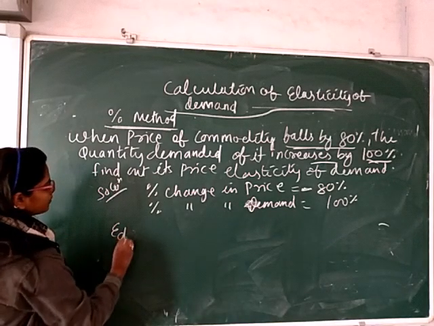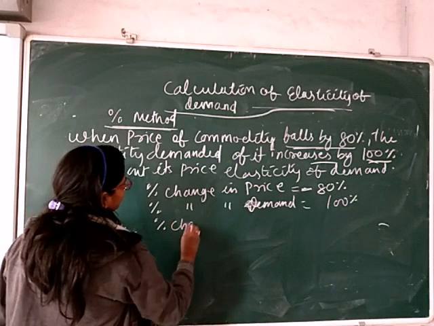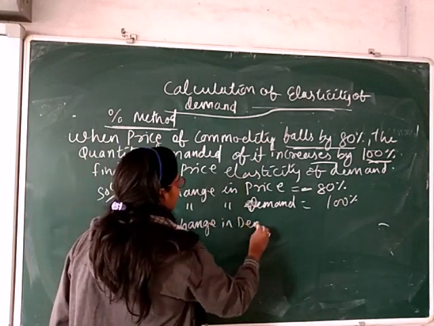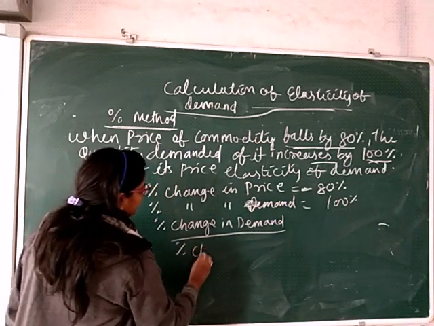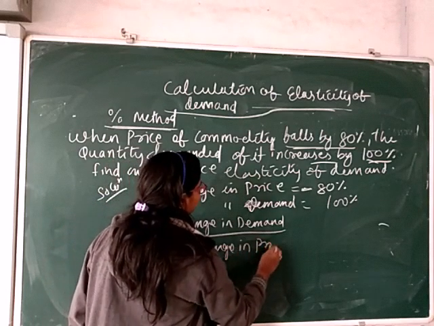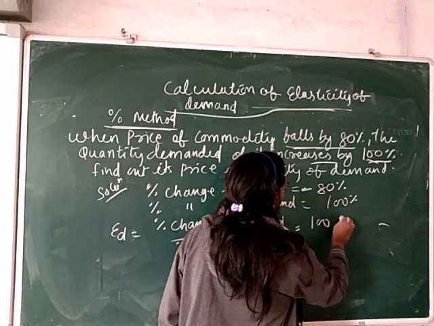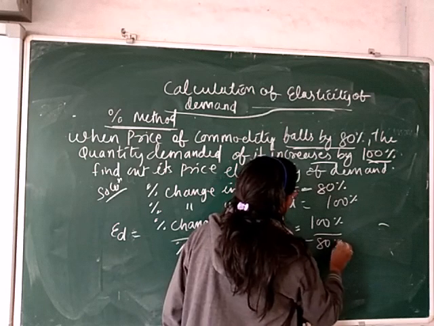Now put the formula of price elasticity of demand under the percentage method. Price elasticity of demand equals percentage change in demand divided by percentage change in price. Now put the value. The demand is 100% and the change in price is minus 80%.